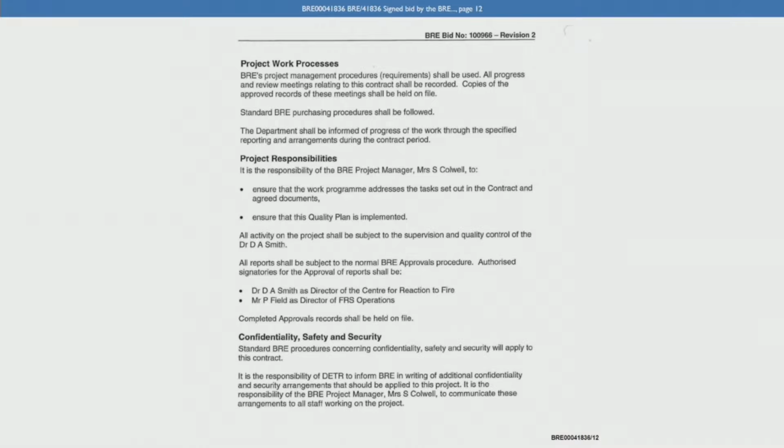Now, can we take it from that is an accurate record of your relationship to this project and your responsibilities on it? As laid down in this, yes, but Sarah would have consulted me as and when she needed to.